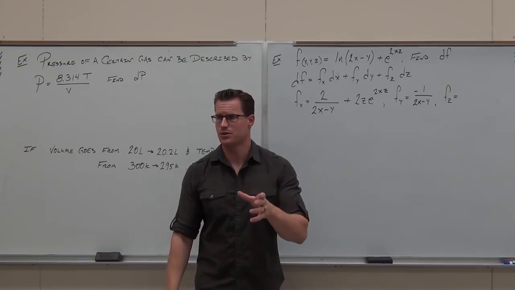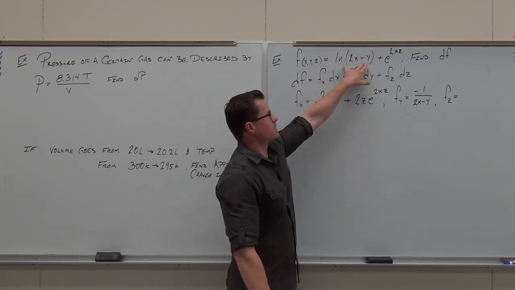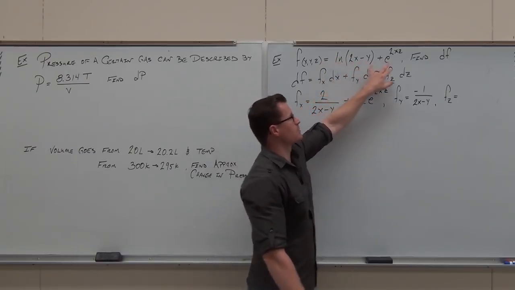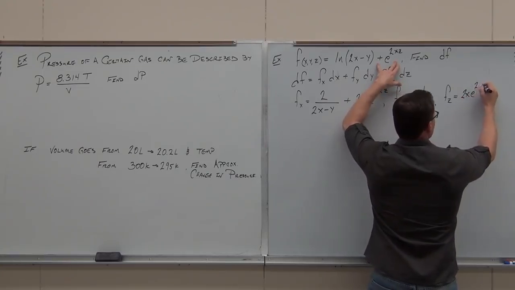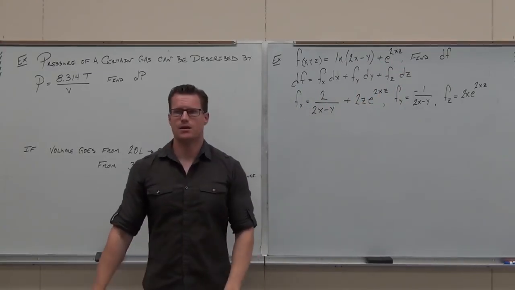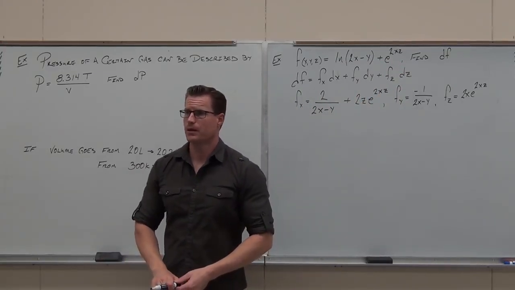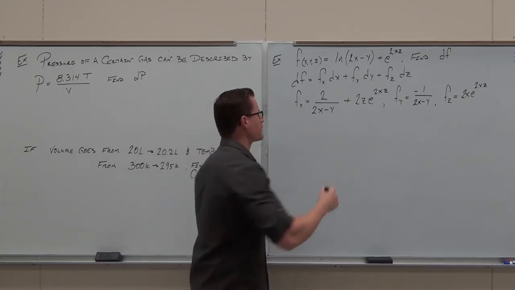I do need you to be able to do these on your own, but I got to move quickly on this stuff. We're kind of running out of time. This with respect to z is what? 0. This with respect to z is 2x by the chain rule times e to the 2xz. Can you at least follow it? Yeah or no? Is that our differential? It's close. It's the parts of it.